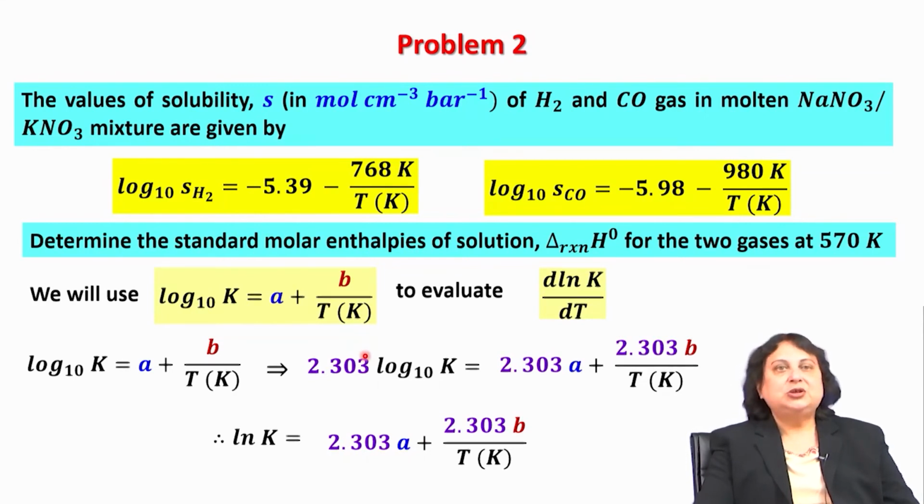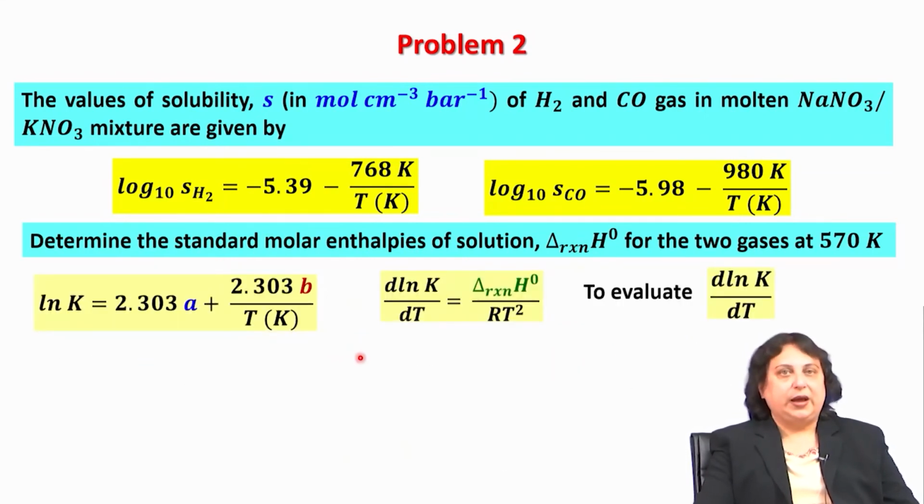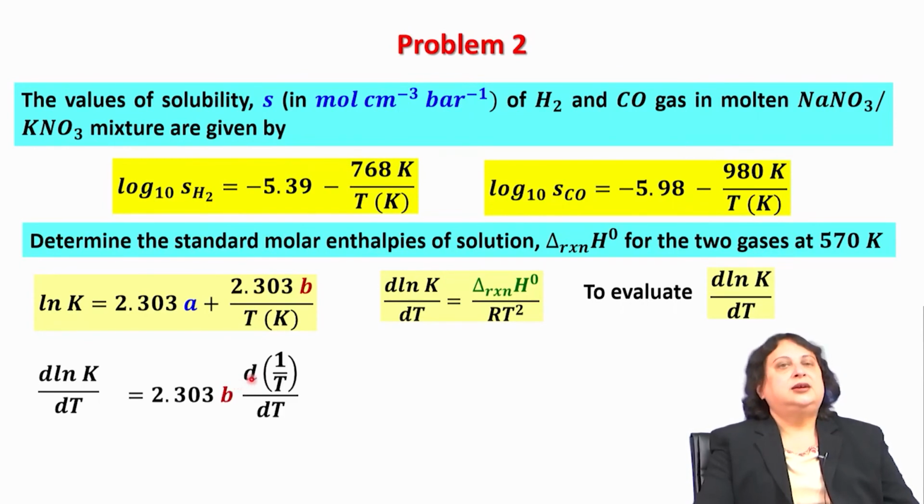Okay. So, this is where I will go ahead, because I know ln K, I will find out d ln K dT. If I take a derivative of the right hand side, obviously the first term does not contribute, because there is no temperature dependent term there. So, what is the outcome of taking a temperature derivative of the second term?